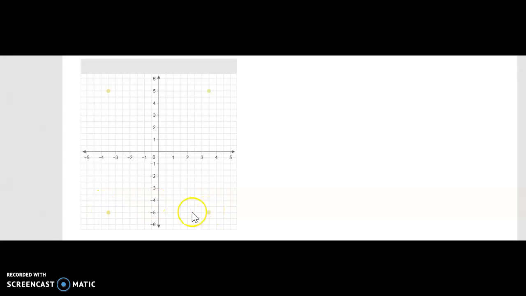The other way we could have done it is laid out our 5 plus 5, which would be 10. 10 times 2 would be 20. And then 3.5 here and 3.5 here would be 7, and 7 plus 7 is 14, and 20 plus 14 is going to give us 34.